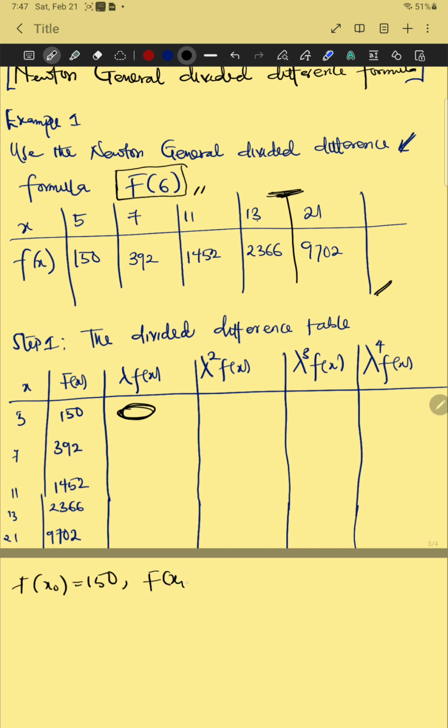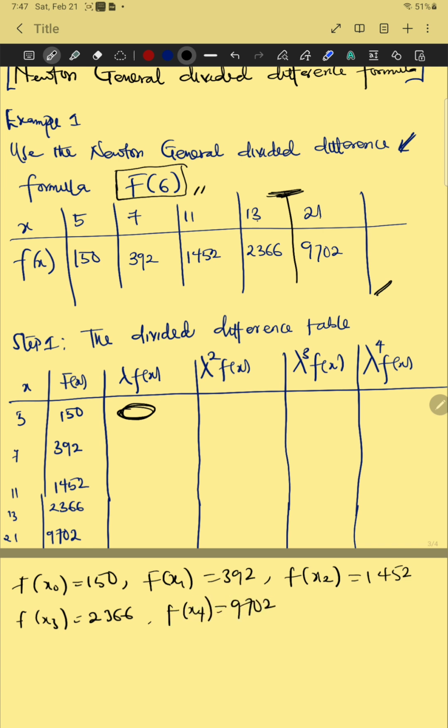You discover that f of x1 is 392. You also discover that f of x2 is 1452, and f of x3 is 2366. F of x4 is 9702.